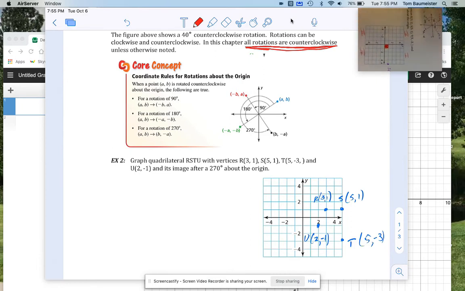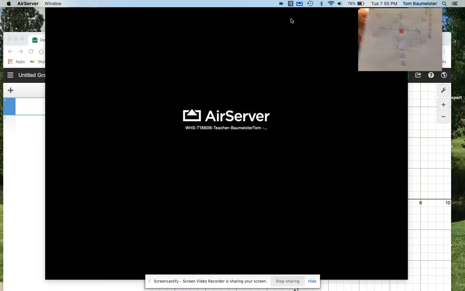So now, remember, my point was at (5, 1), and now I want you to see where it's at. So if I don't have everything else, can you count to where it is? Now, it looks like that purple point there is at (1, negative 5). All right. So then you would pretend you're back at the origin.